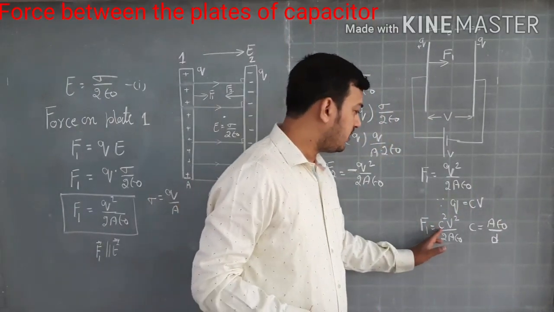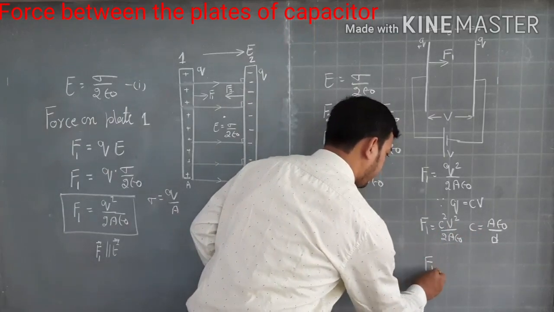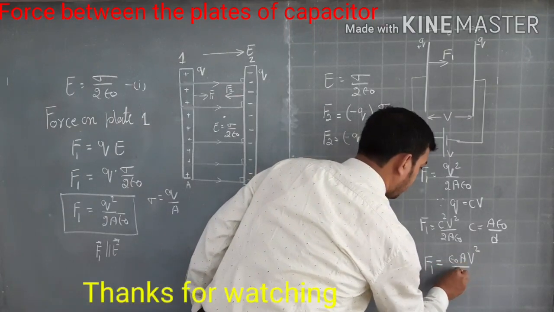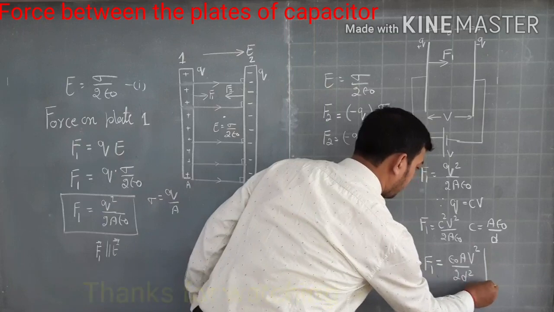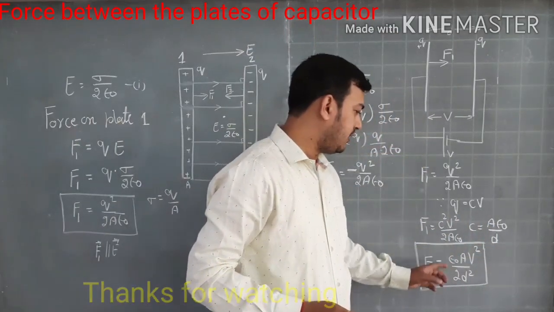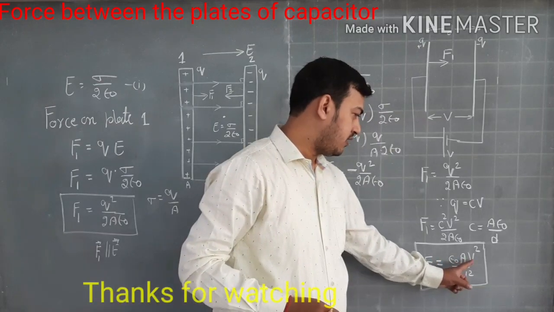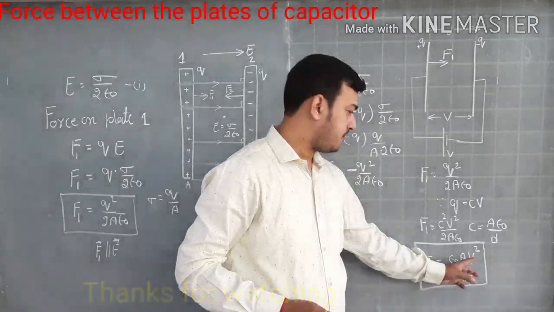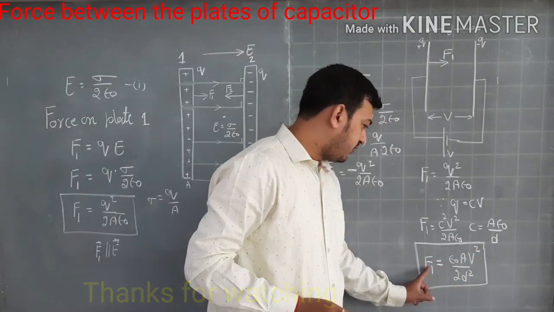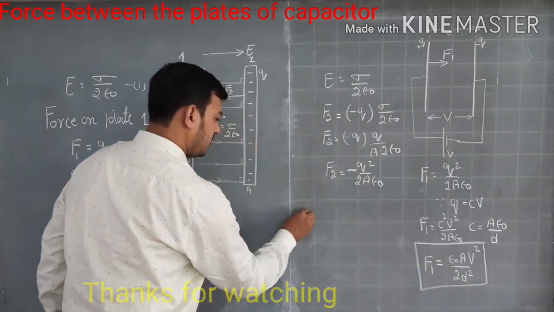So if I put this value here, on solving we get F1 as epsilon naught A V square by twice d square. As you can see clearly, the force is proportional to the area, proportional to the square of the potential difference, and a very important thing, the force is inversely proportional to the square of the distance.